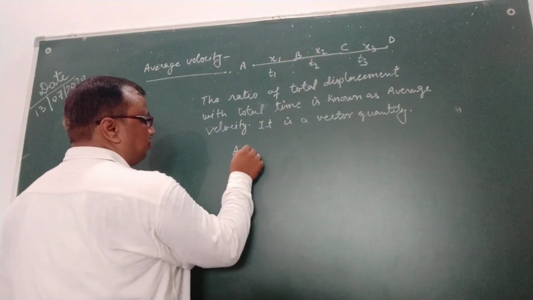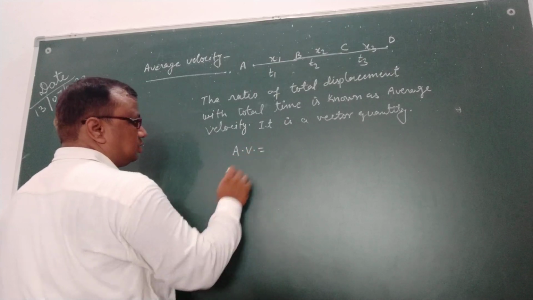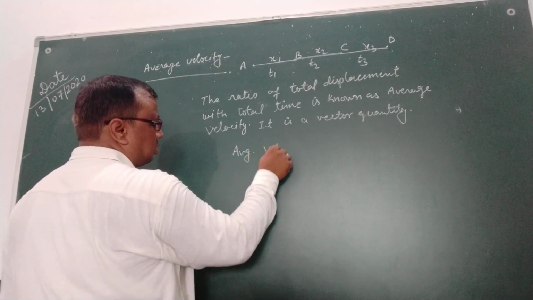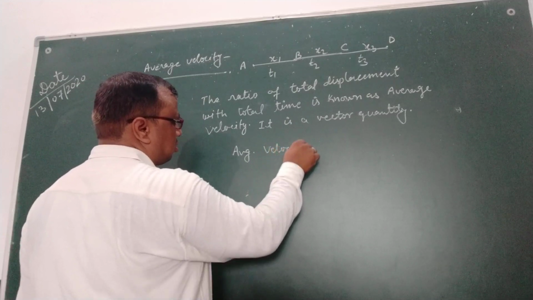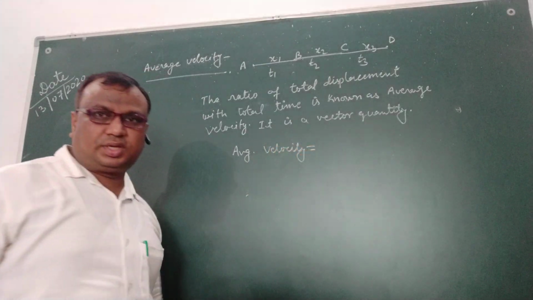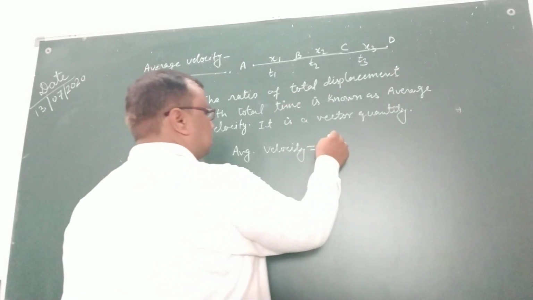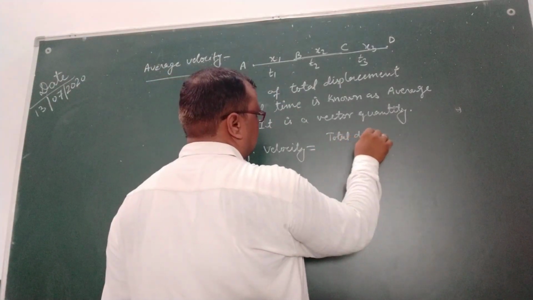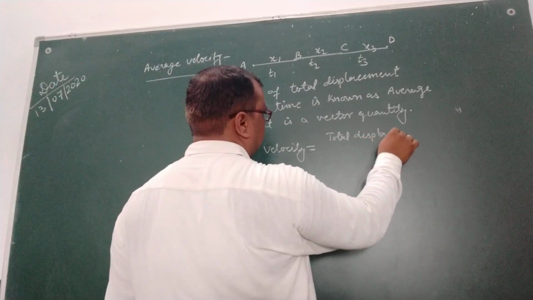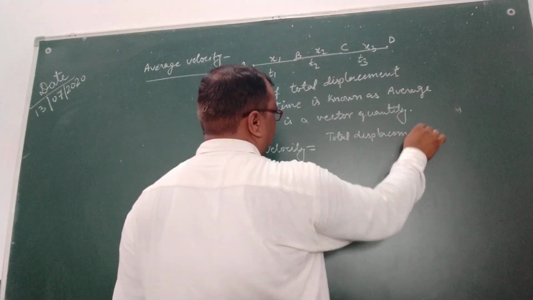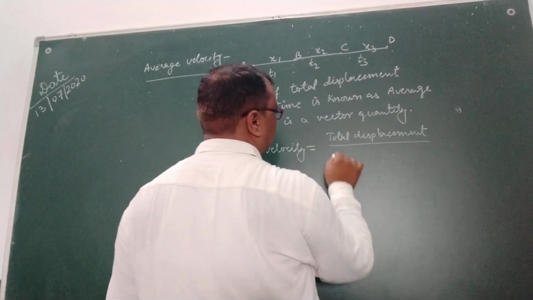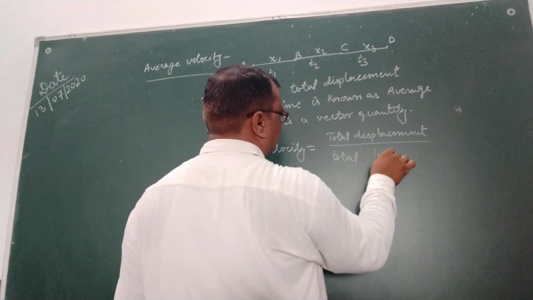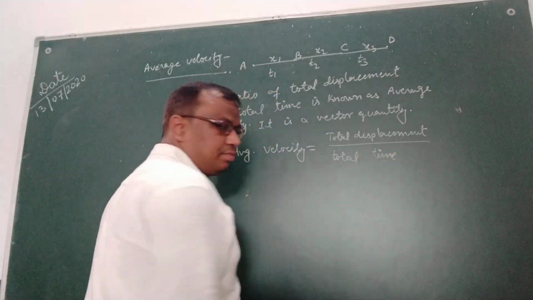So the average velocity is total displacement upon total time.